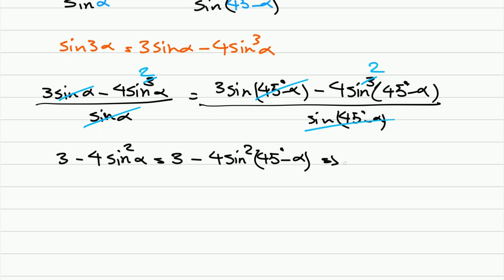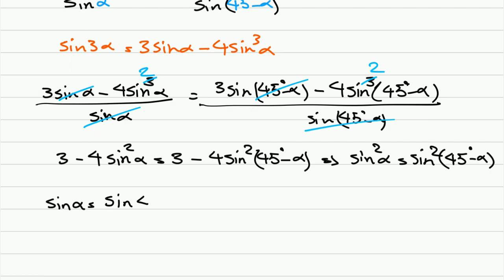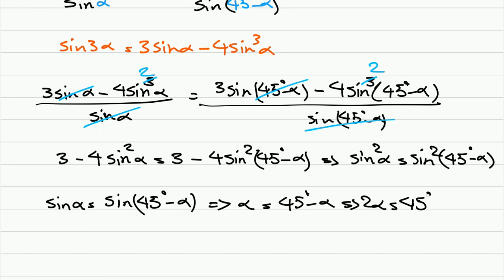And then long story short, sine squared alpha is equal to sine squared 45 degrees minus alpha. So first case, sine of alpha is equal to sine of 45 degrees minus alpha. And then we can conclude alpha is equal to 45 degrees minus alpha. And then 2 alpha is 45 degrees. And alpha is 22.5 degrees.